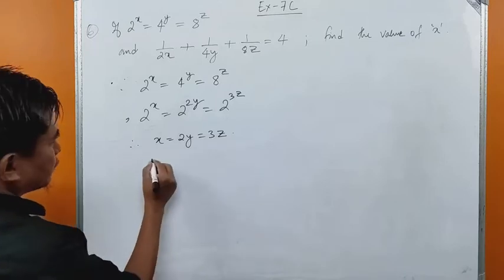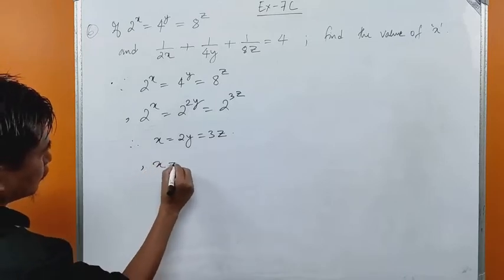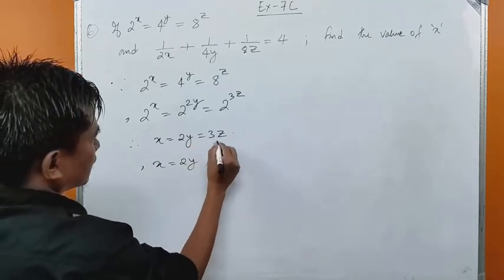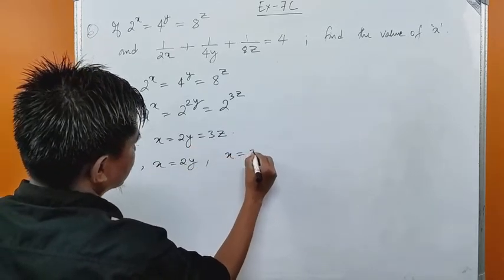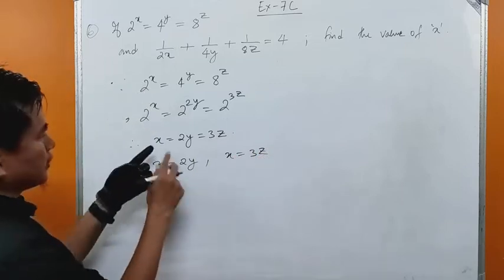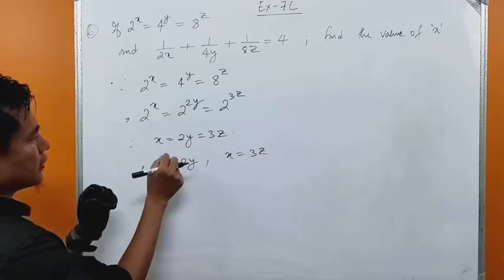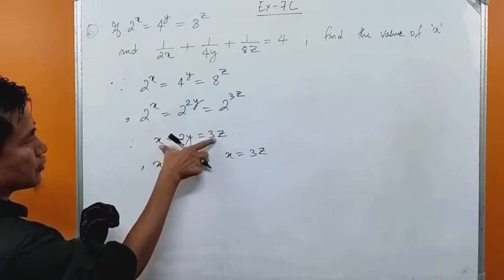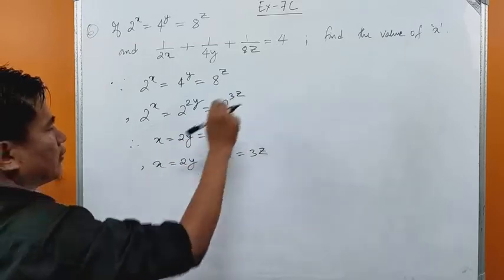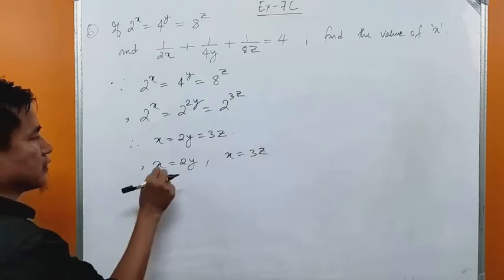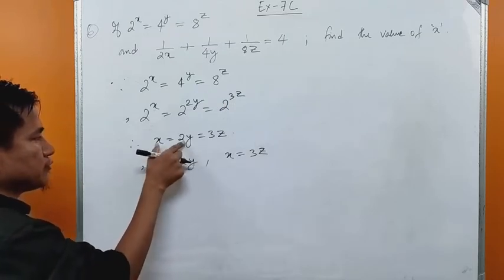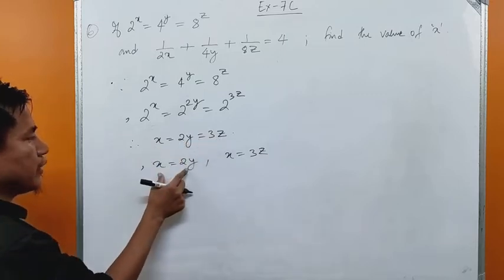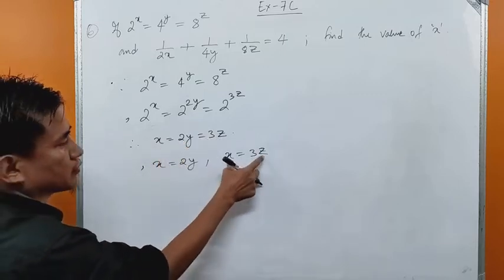So, first case, x equals 2y, and second case, x equals 3z. Because we are asked to find the value of x, I keep x here: x equals 2y and x equals 3z.